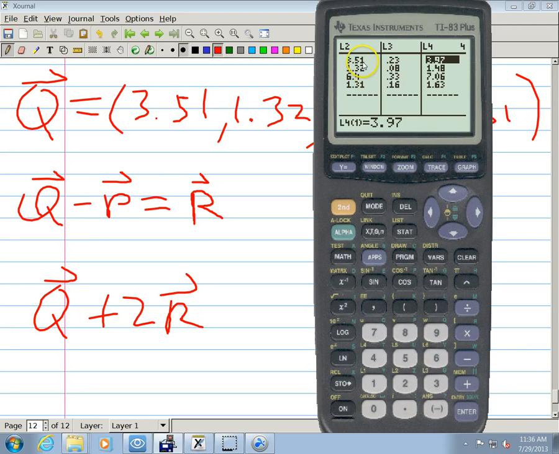All right, so L2 is the population in 2005. L4 is my prediction for the population in 2015, which is taking the increase from 1995 to 2005 and doubling it. So if I double this, what do I get? 0.23 doubled is 0.46. If I add it to 3.51, do I get 3.97? Right?